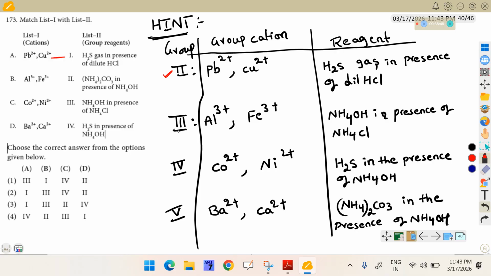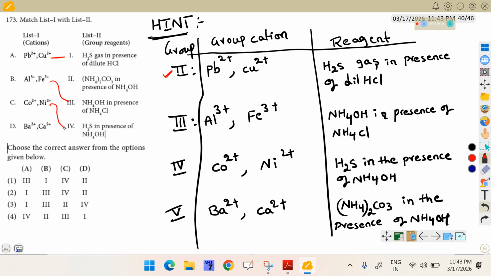Group 3 cations, Al3 plus, Fe3 plus. What is the group reagent? NH4OH in the presence of NH4Cl. A1 B3. Okay. Group 4 cations are Co2 plus and Ni2 plus. Group reagent is H2S in presence of NH4OH.